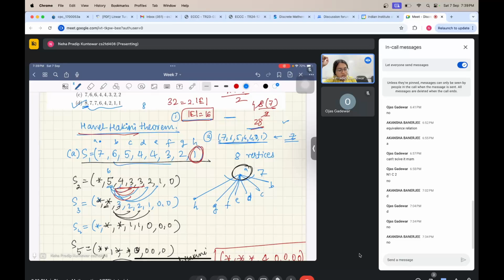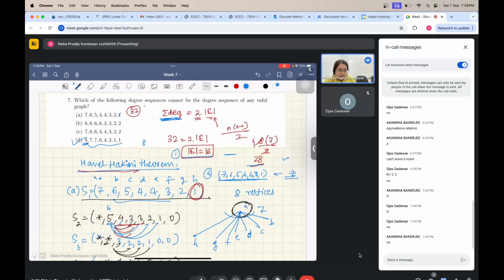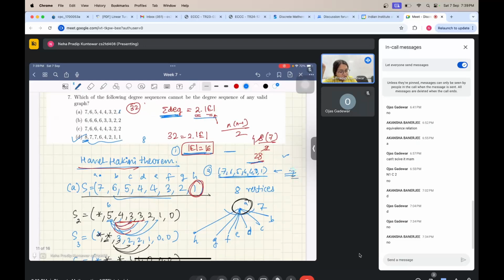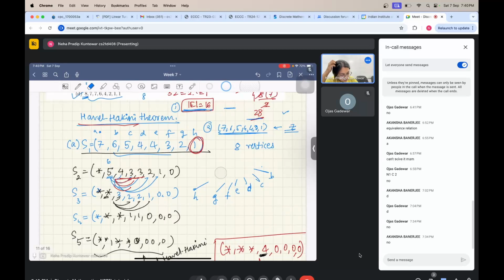Now you do the same thing again. You look at the sum of the degrees, equate it with twice the number of edges, and count the number of edges. Let's do this once. What is the sum in this case?